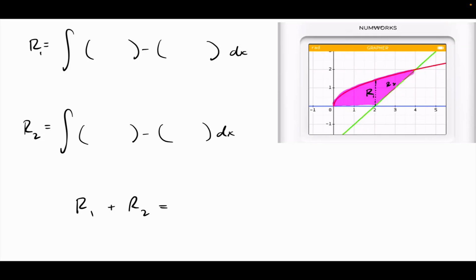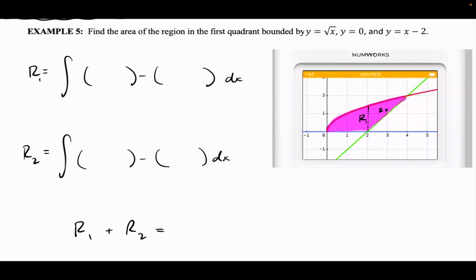Okay. So R1's the left side. We said the red is the top. The red is the square root of x. The bottom was the blue, right? The blue was y equals 0.